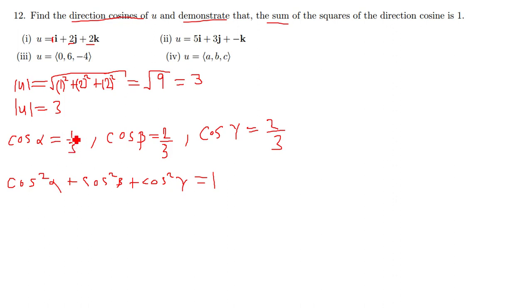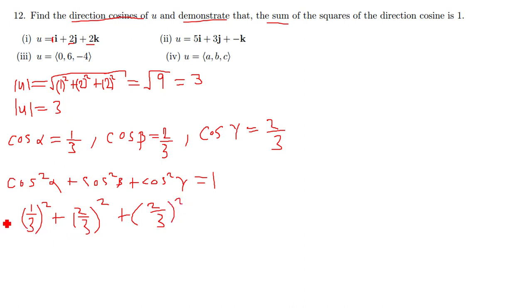So here, the first one, we have cos alpha, which is 1 over 3. So we're going to say 1 over 3 squared, plus let's also take this one, which is 2 over 3 squared, and then plus the last one, which is 2 over 3 again, squared.